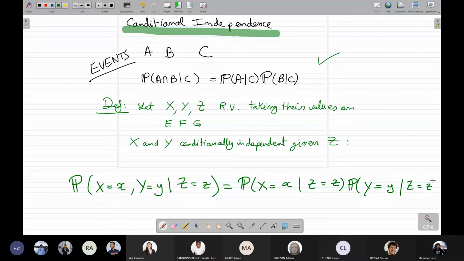Très bien, excellent. Thank you. That's the definition of conditional independent random variables. And every time you see a new concept, try to figure out how this concept comes from the basic ones you know already.